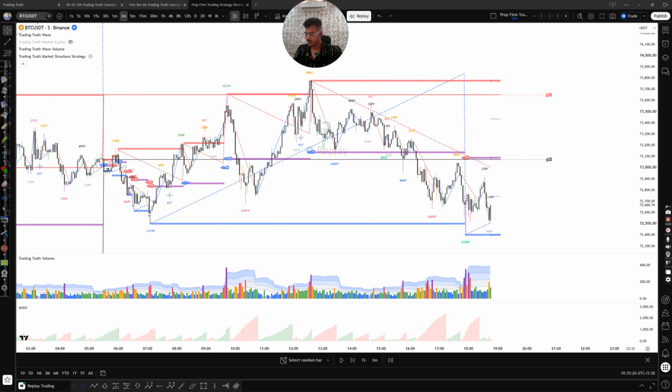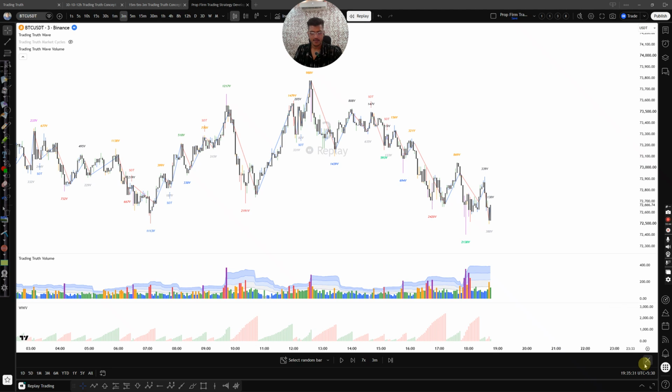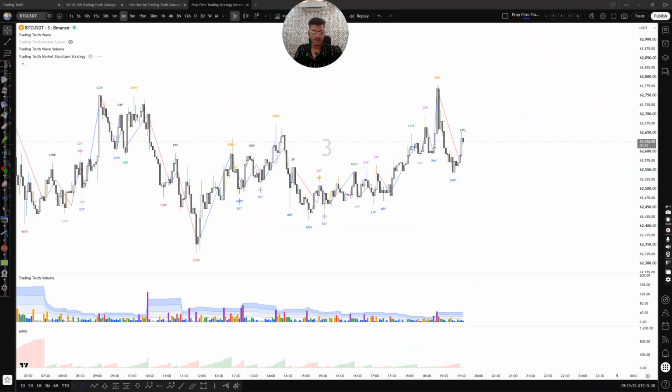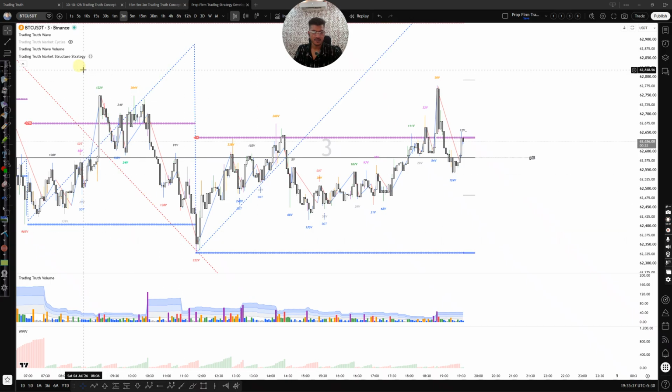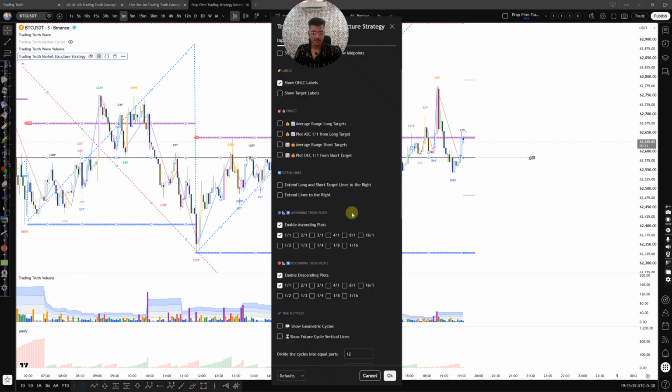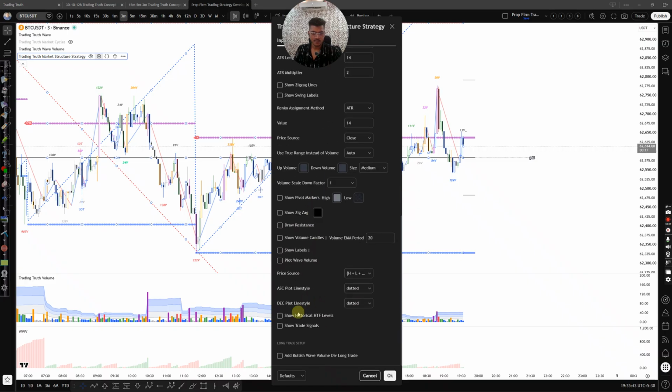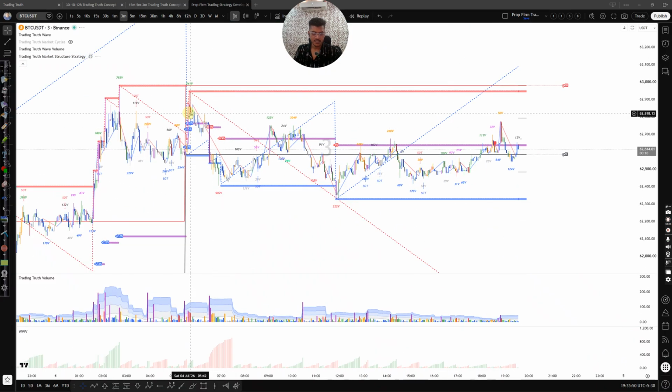Why would it not show me the trade? Let me add it again. So we added that. Now it's showing me the trade.